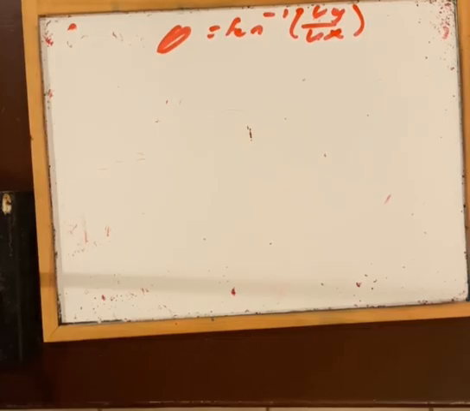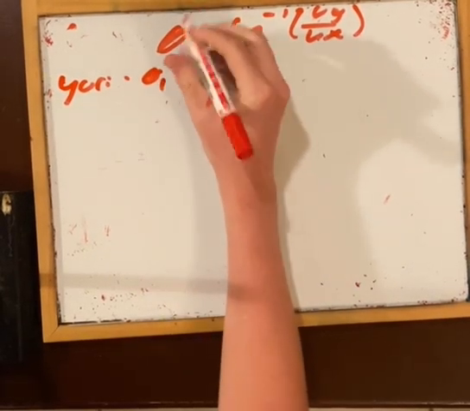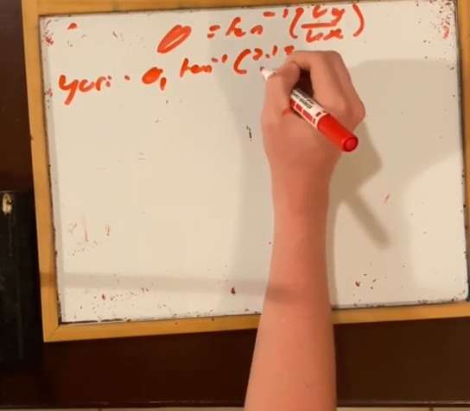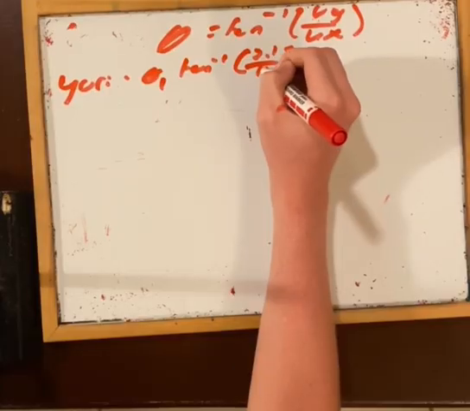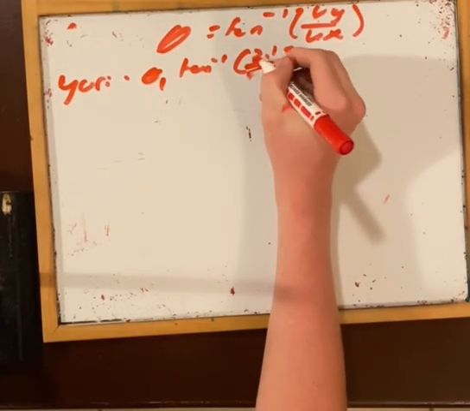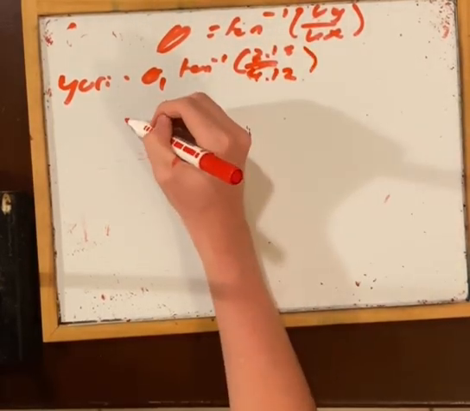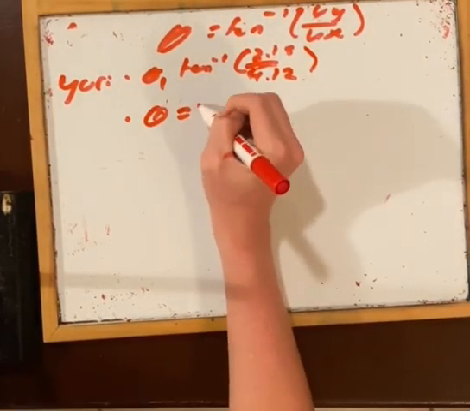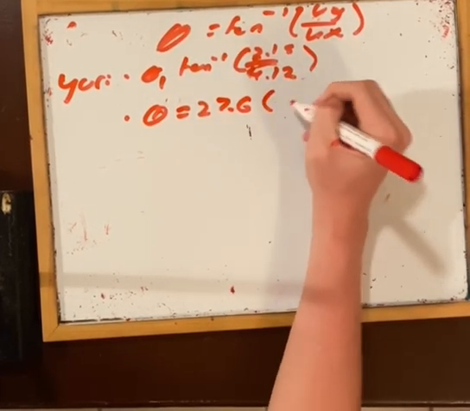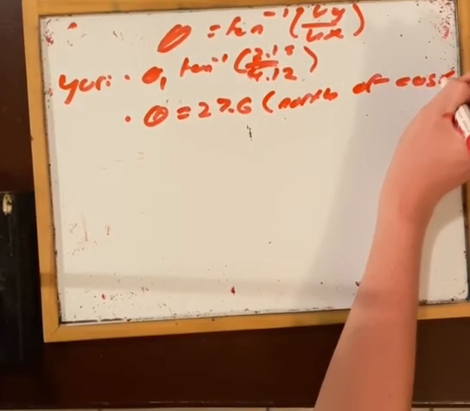So for Yari, it's going to be 2.15 over 4.12, and then it's 27.6 degrees north of east.